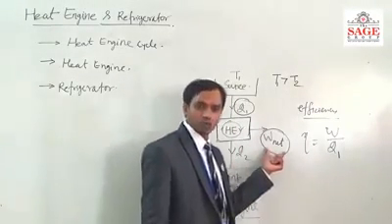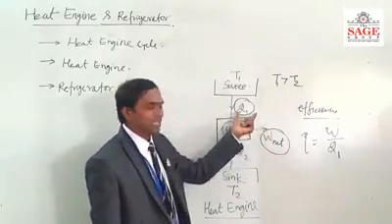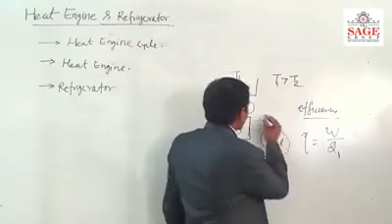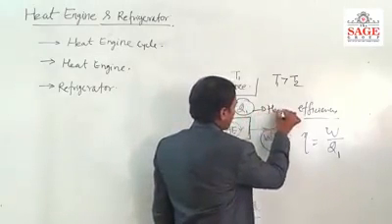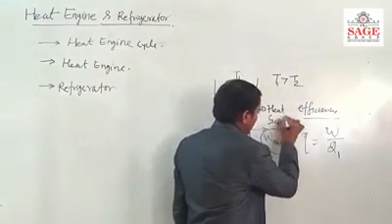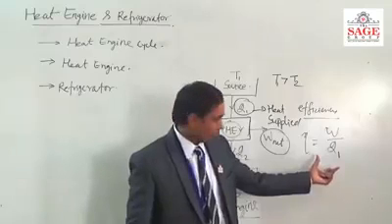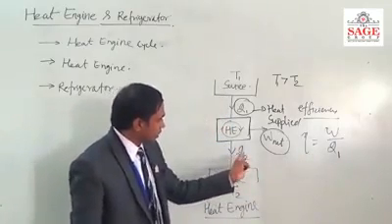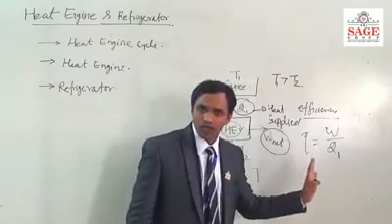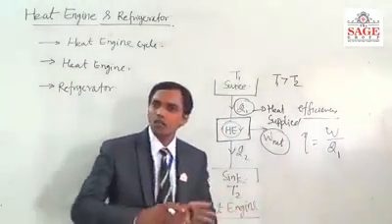W net is the output, and the input is the heat supplied, which is Q1. This is the heat supplied and this is the work done. Now this is the thermal efficiency. It means if we get more work done, then the efficiency of the engine will be more.